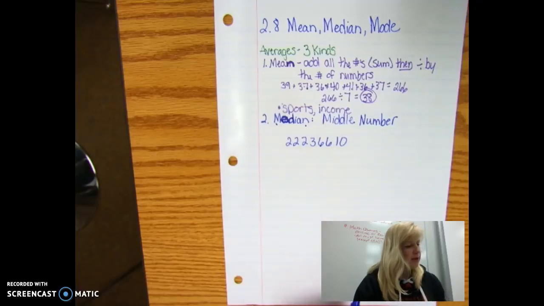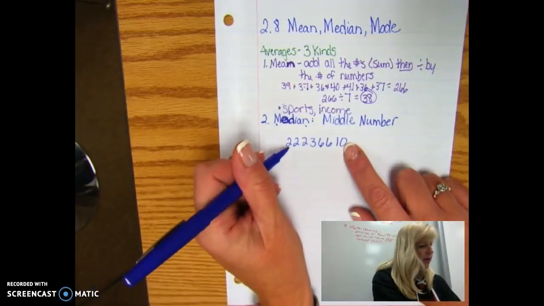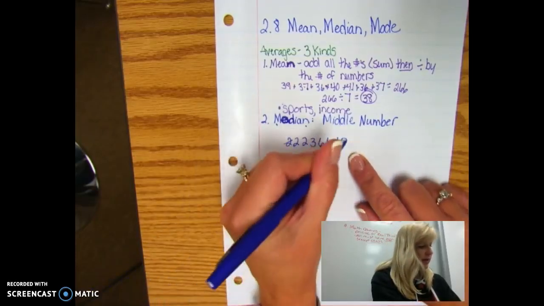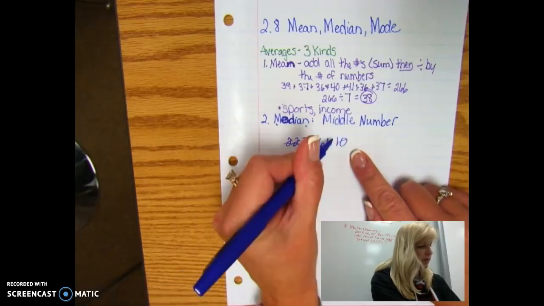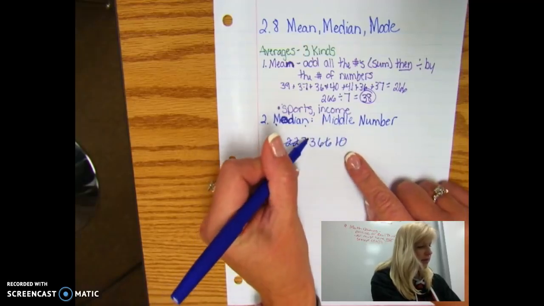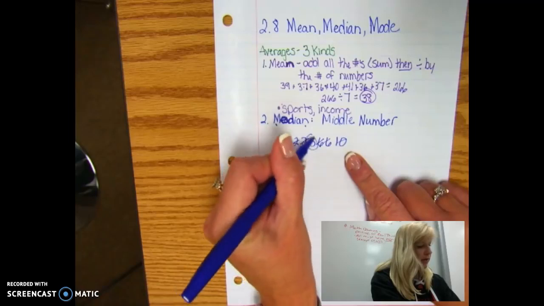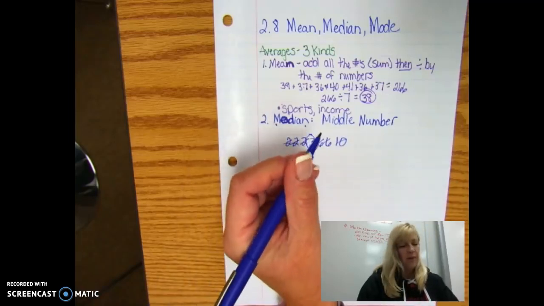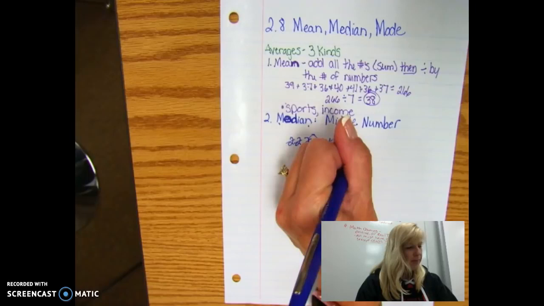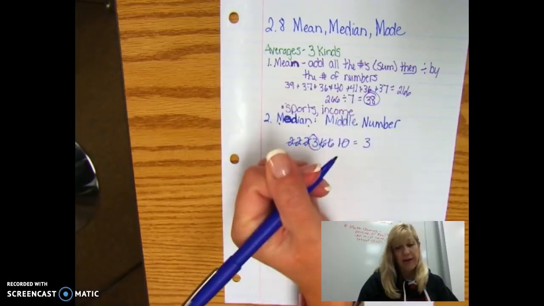So I have 7 numbers there, and I want the middle number, not the average. So I would look at this one and cross those out, this one and this one. Then I would cross out this one, and I would find that the median number of children in this data set that people have in their household would be 3.